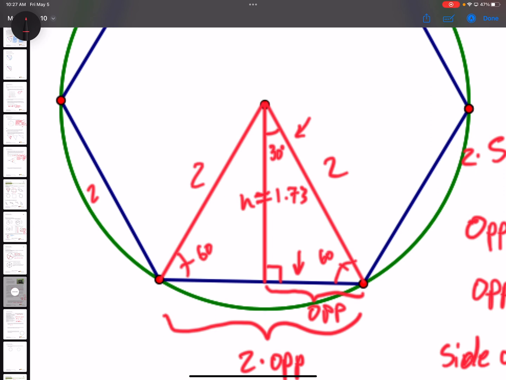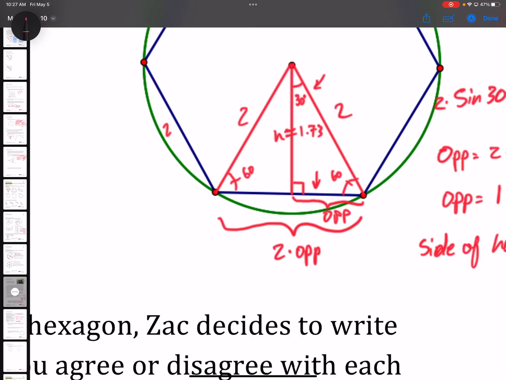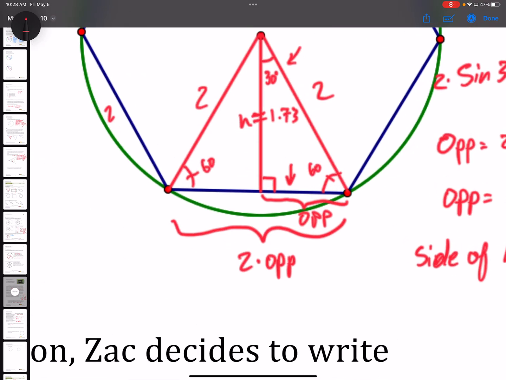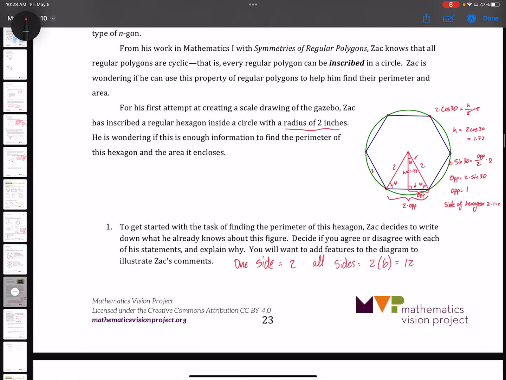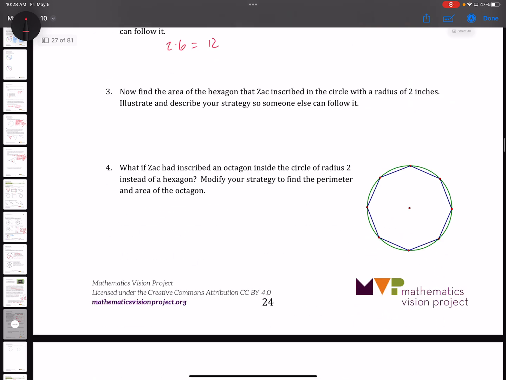Can we find the area of a triangle? Yes. If we find the area of this triangle, then we can multiply that area times 6. What is the formula for the area of a triangle? 1/2 base times height.